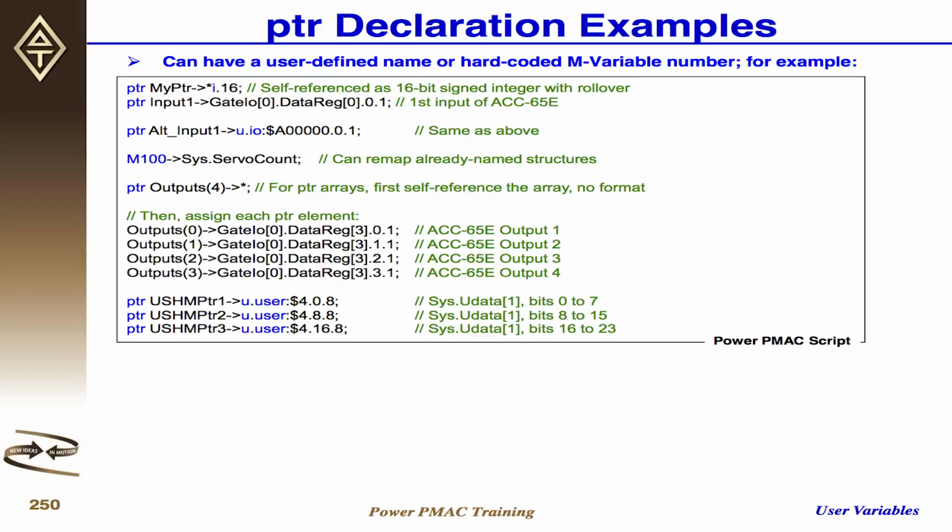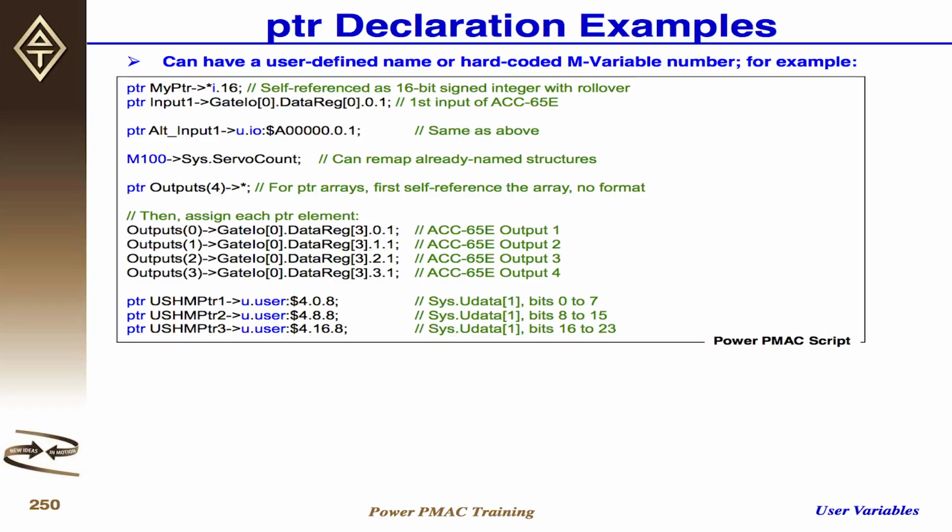You'll notice that all 4 of them have a width of just 1, so they're only 1 bit. But the starting bit increments from 0 to 1 to 2 to 3, depending on which bit in particular it's looking at. And then at the bottom here, we have pointer user shared memory pointer 1, 2, and 3, pointing to u.user, and then pointing to $408, $488, 416.8.